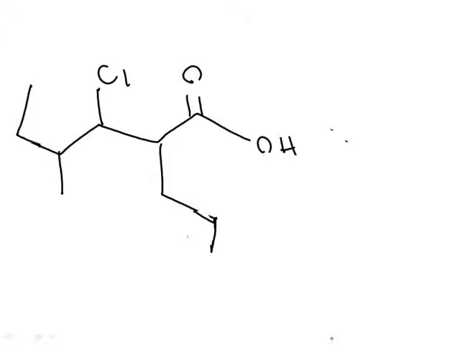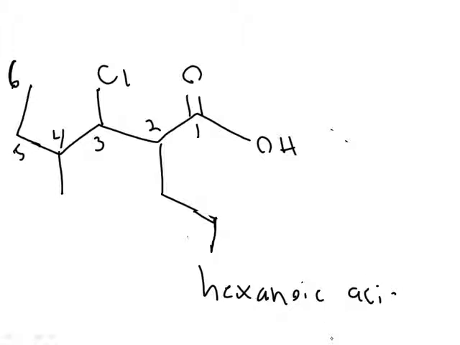So the longest chain should be 1, 2, 3, and I drew the acid. Actually, let's go ahead and count: 1, 2, 3, 4, 5, 6. Down the other way, 1, 2, 3, 4, 5. So this is the longest chain for sure. So this acid name is hexanoic acid, and we're going to have some substituents on the front. Alphabetizing, we're going to have a methyl group, a propyl group, and a chloro group.